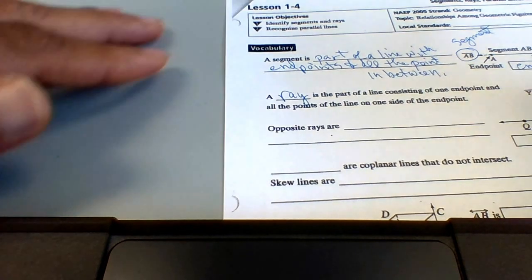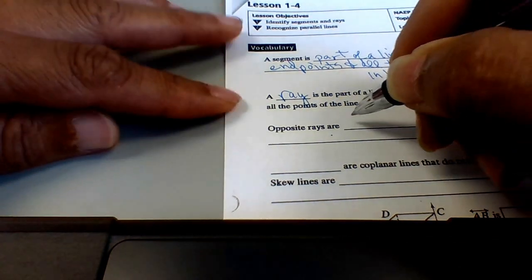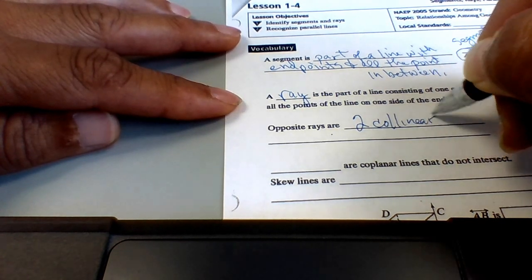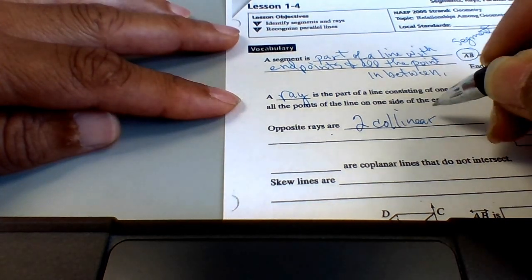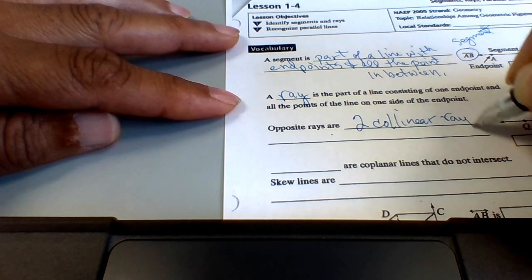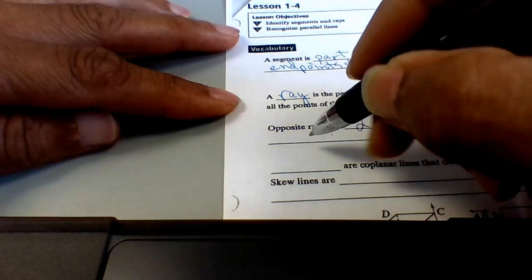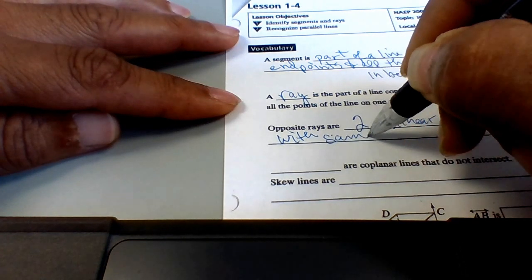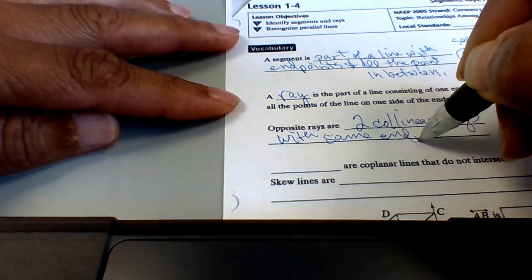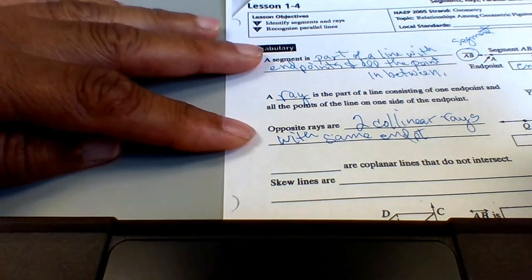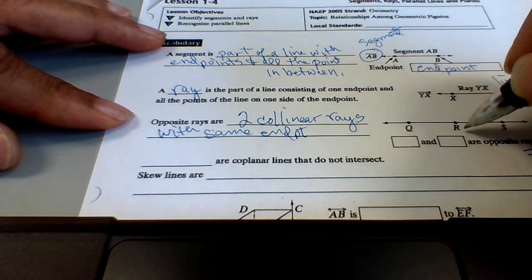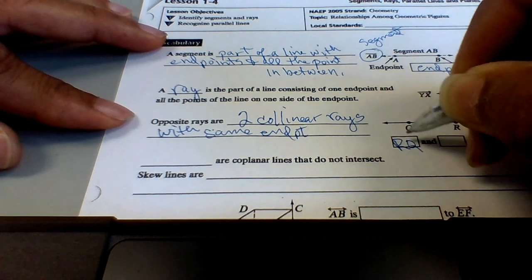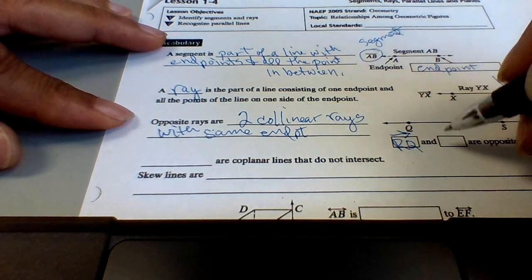Opposite rays are two collinear rays with the same endpoint. So in this one, RQ, remember again, R has to go first.